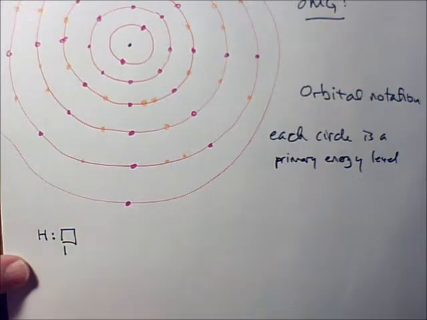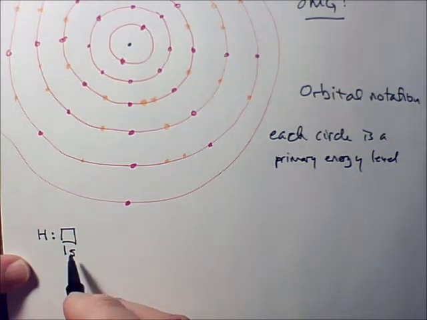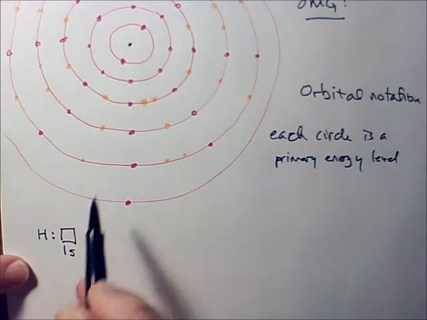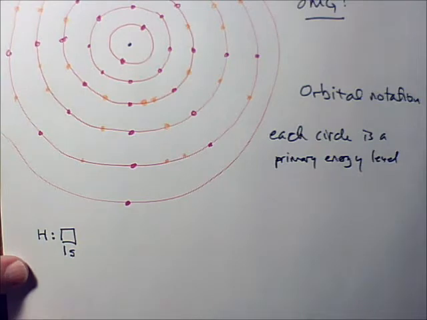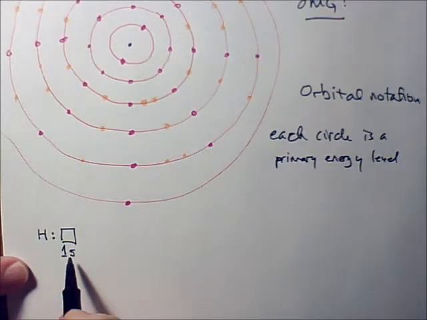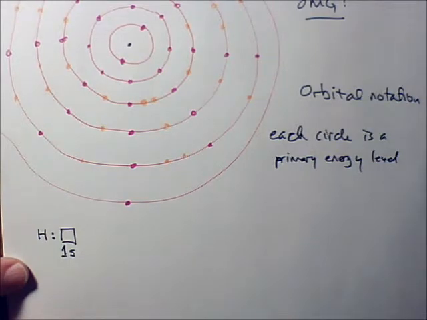That's called the first energy level, and that sublevel is called S, small letter S. First energy level, we just call it number 1, first energy level, and we have a sublevel S.